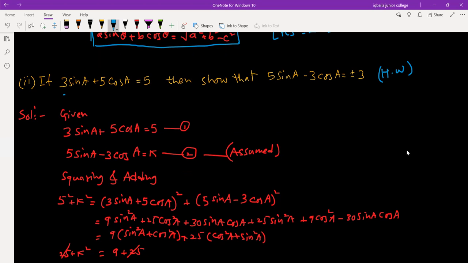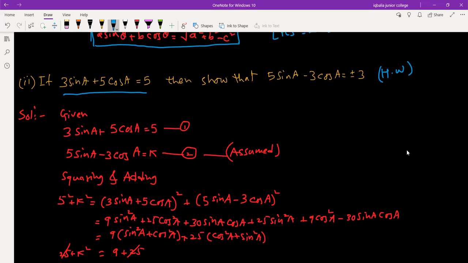Now the given is 3 sine A plus 5 cos A is equal to 5. I give it equation number 1. Now I have to find 5 sine A minus 3 cos A. So here I assume that 5 sine A minus 3 cos A is equal to K. Now what I did in the last question, I squared and added them.